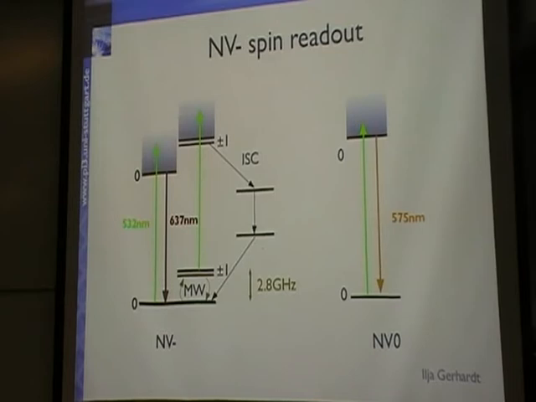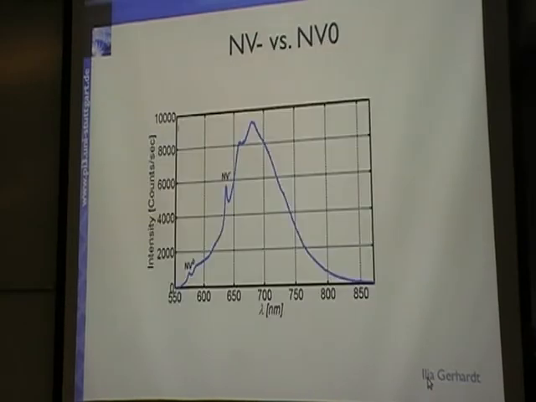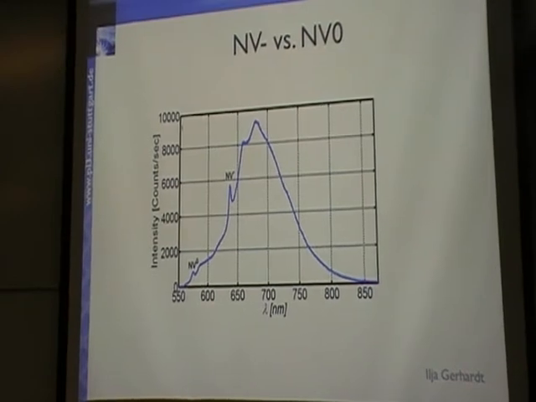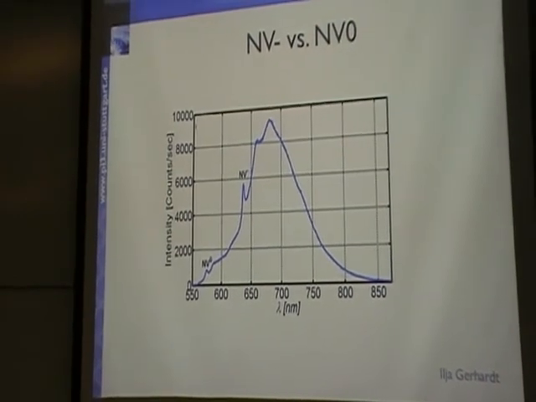So this has a lot of implications also for other experiments. For example, if we want to get coherent photons out of here. So here, this is the overall spectrum. I was showing only a tiny picture in the beginning, but here you see 637, the NV minus, and 575, the NV0.